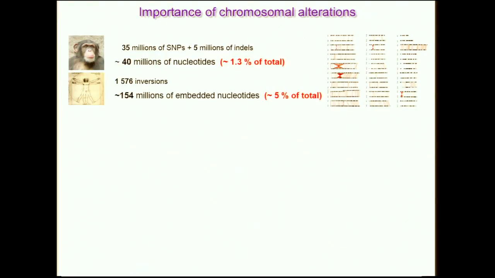If you make a simple calculation, these two guys, very close siblings, differ by 1.3% of total in terms of SNPs or indels, okay? But we differ by over 1,500 inversions. If you calculate how many nucleotides are in these inversions, this is 5% of total. So we differ from chimpanzee by 5% of our genome, which is not oriented the same way in the chromosome, and only by 1-something%, which is based on nucleotide substitution.